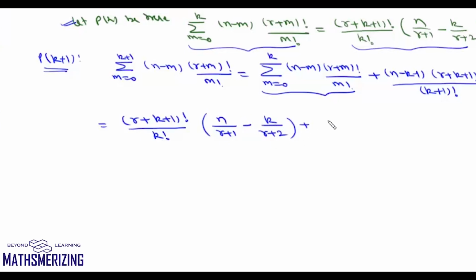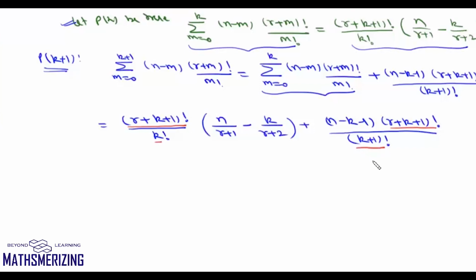and then plus n minus k minus 1 into r plus k plus 1 factorial upon k plus 1 factorial. Now what we'll do is we'll take this r plus k plus 1 factorial common, and we'll also take factorial k plus 1 common.